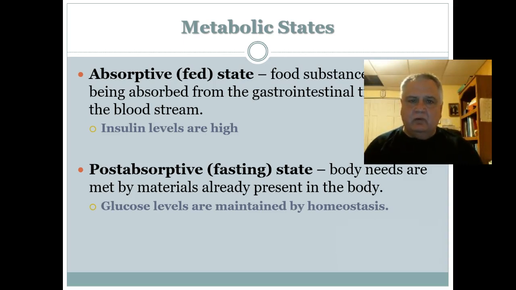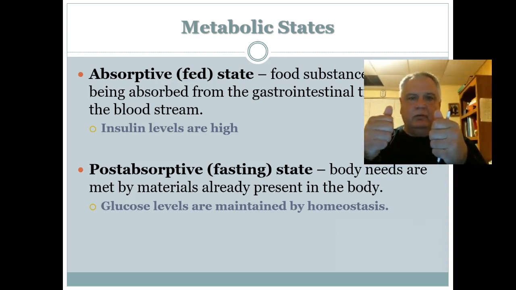glucose levels, let's focus on them for a minute. Glucose levels are going to be maintained by homeostasis. So if your blood glucose level drops, what's going to happen? Pancreas is going to produce glucagon. Glucagon is going to stimulate the liver to break down glycogen and release glucose back into the bloodstream to bring the glucose levels back up again.